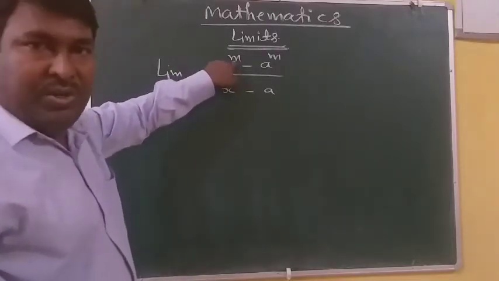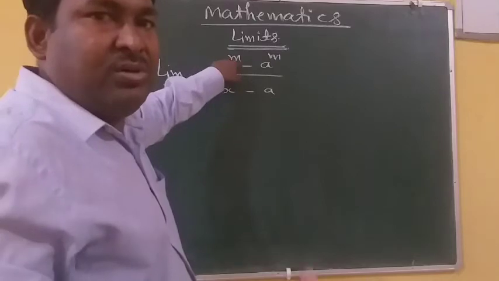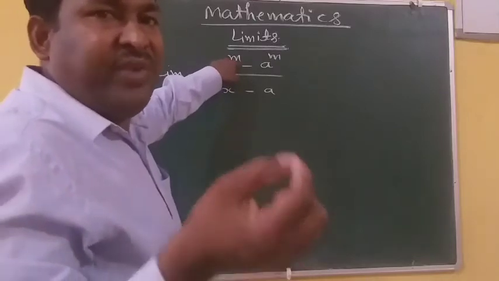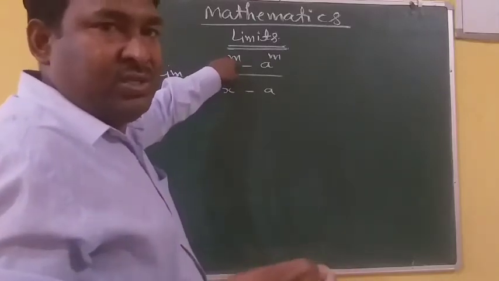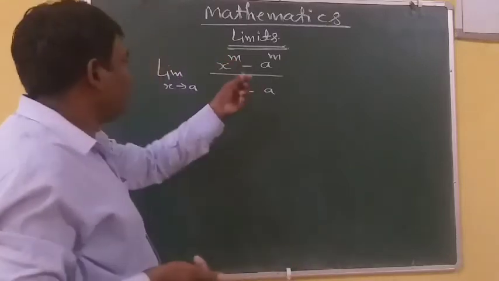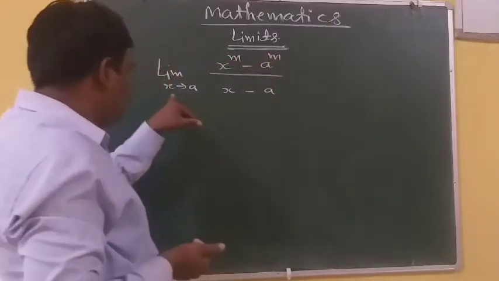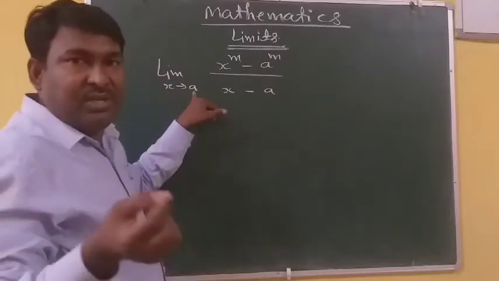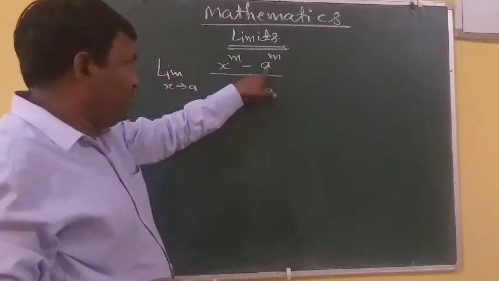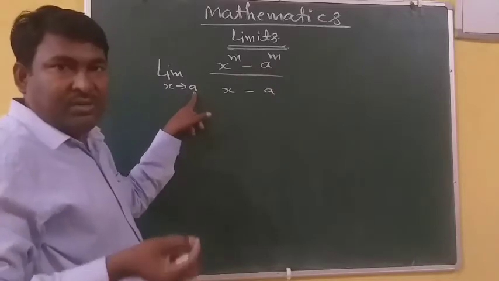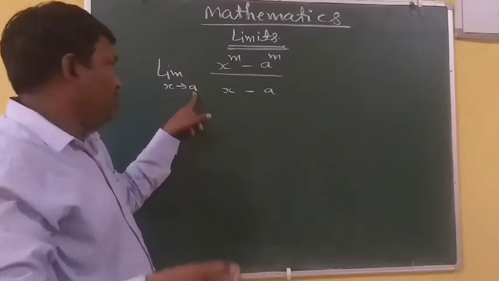Its power is something. This m is a constant. It may be a fraction, maybe a negative fraction, or maybe an integer. This a is a constant that is given here. x tends to whatever the limit. So this a is whatever the limit tends to.